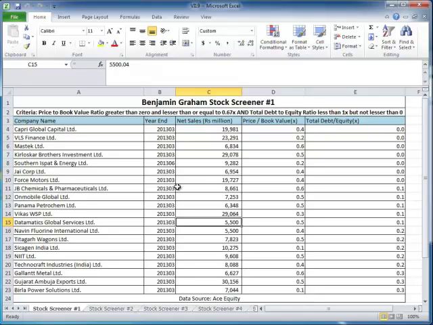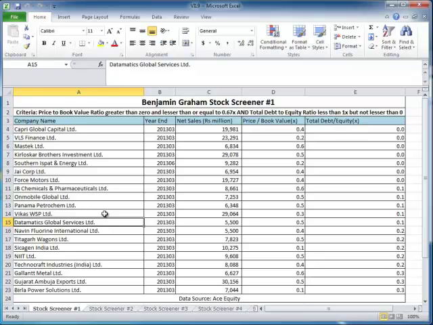We've applied these additional filters just to narrow the list down, because the first two criteria still give us a big list. So we've taken companies with high enough sales, and from that list taken out the companies with the greatest debt to equity ratio. Here you can see the 20 stocks that we come up with based on these criteria.